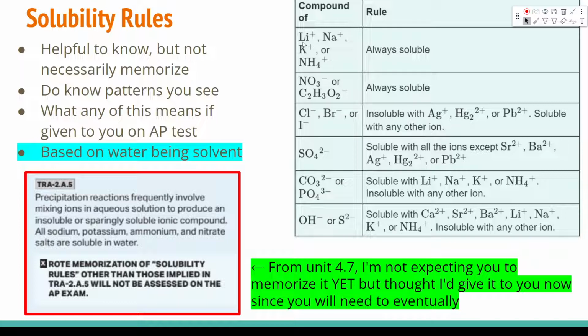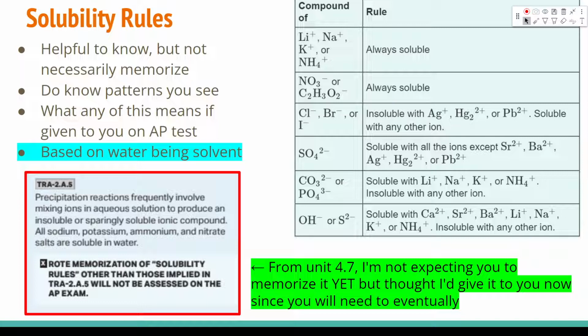So for example, lithium cation, if I had something like lithium chloride or lithium hydroxide or something, those salts will always be soluble. And notice here it says based on water being the solvent, so we're talking about these in terms of dissolving in aqueous solutions.